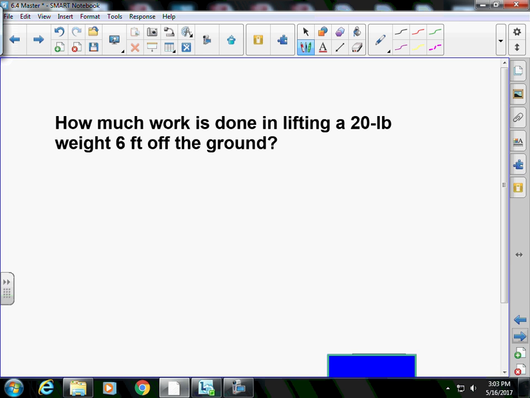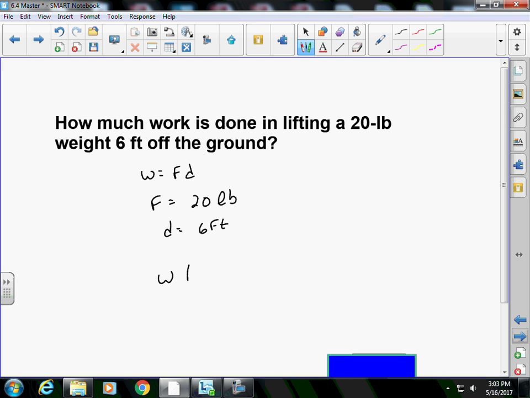So here we go. How much work is done in lifting a 20-pound weight 6 feet off the ground? Well, the formula again is work is equal to force times distance. The force is 20 pounds. The distance is 6 feet.